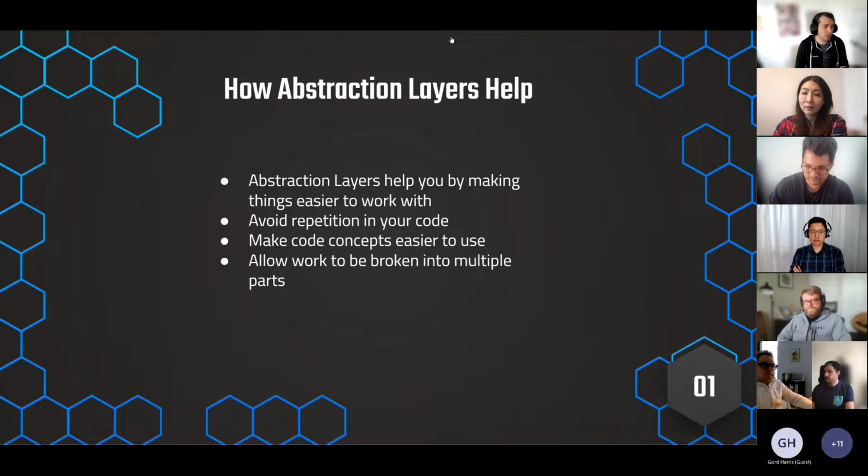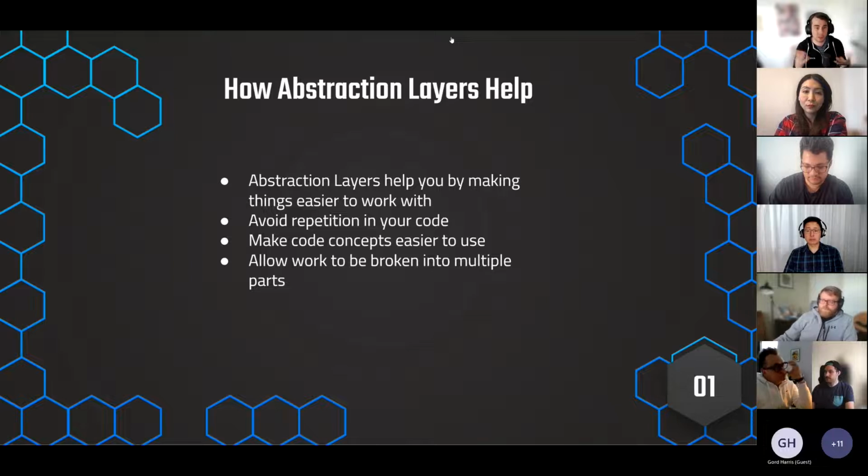So how do they help? Abstraction layers help by making things a lot easier to work with. They can simplify things, make them nicer to use, and help you avoid repeating your code in a lot of cases. Instead of having the same thing happen over and over and over again, you can just use an abstraction layer to call something quick and simple.